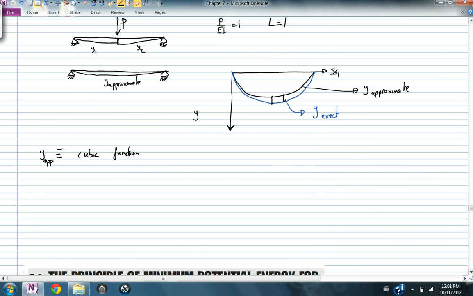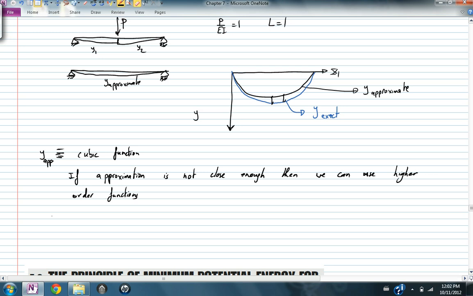If you think the approximation is not close enough, then we can use higher order approximations, higher order functions.